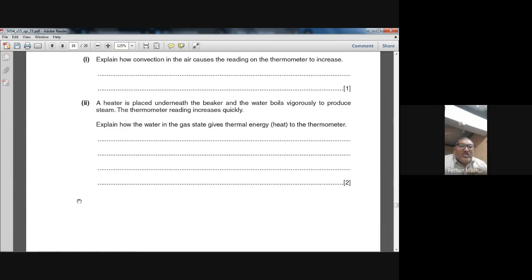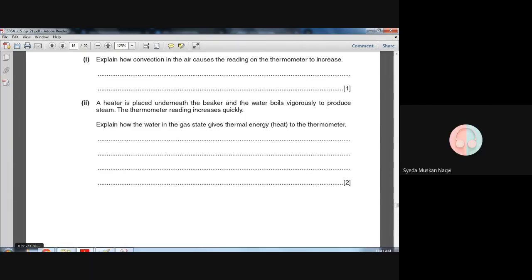And when that steam or gaseous water comes in contact with the thermometer, the temperature of the thermometer is lower as compared to the temperature of the steam. So what will happen, the steam will stick to the surface of the thermometer, and the steam will condense, the steam will convert back into liquid. When it converts back into liquid, it will give its energy to the thermometer. And when the energy is given to the thermometer, its temperature will rise, and the mercury will quickly rise. Do you understand what I said?